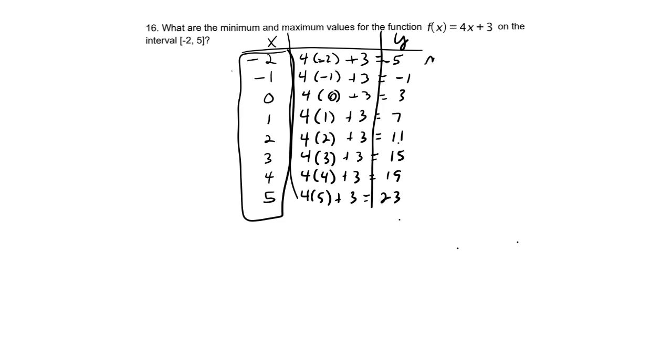This is the lowest, so this is going to be your minimum point. Your minimum point is (-2, -5), and you notice your maximum point is (5, 23). I made a table because I didn't have a calculator, but you can use Desmos, but I did one just to show you. So this is how you find your min and max over this interval.